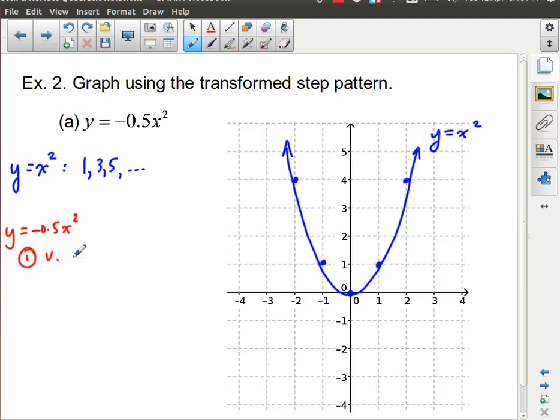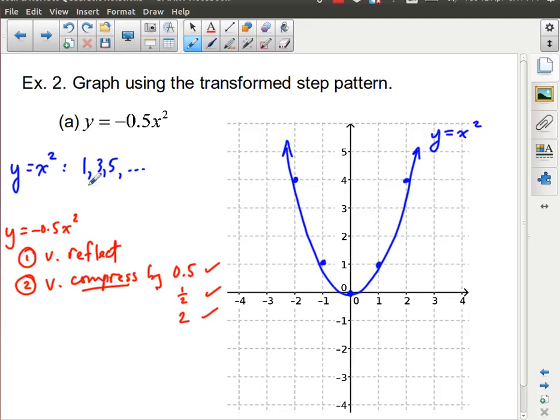So this one has a vertical reflection, and I'll quite often just say reflect as opposed to reflection. And what else are we going to do? We are going to vertically compress by, and you might say by 0.5, or you might say by a half, or you might say by 2. I would accept all of those because it's a compression.